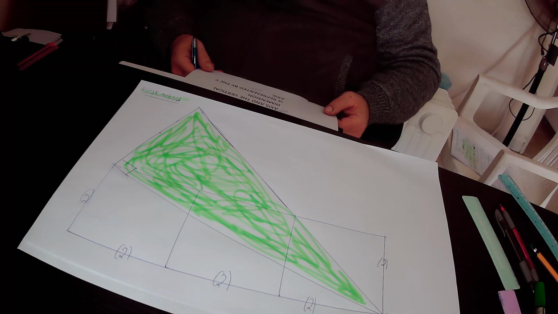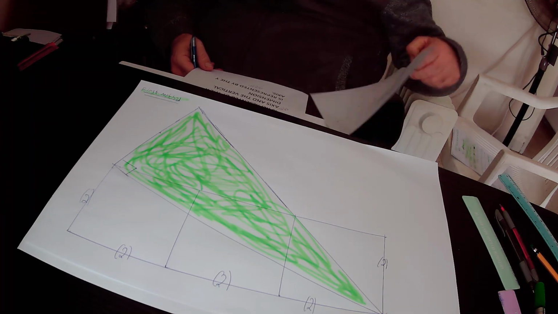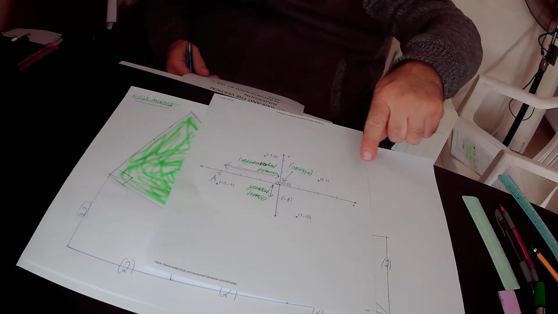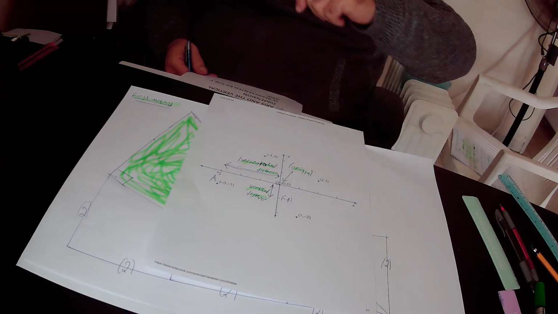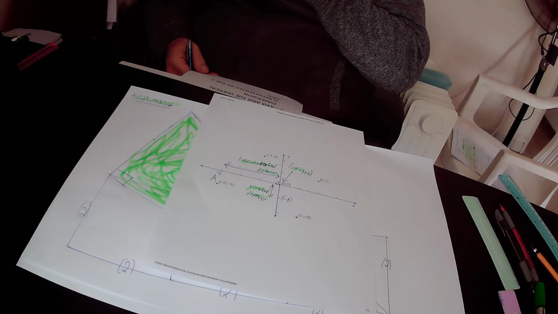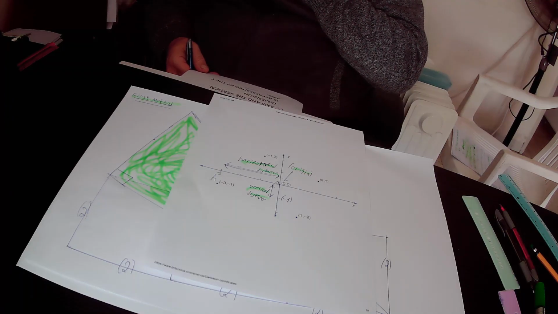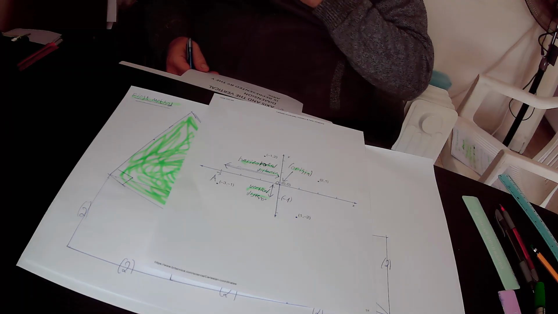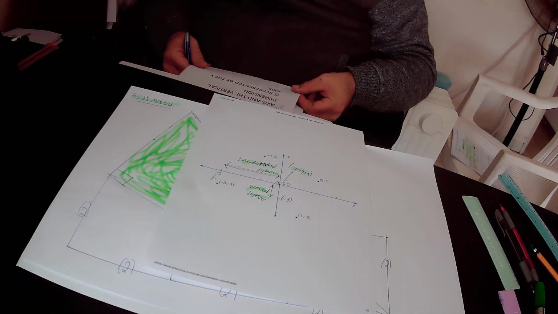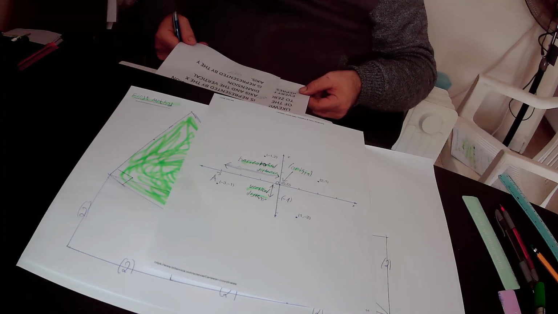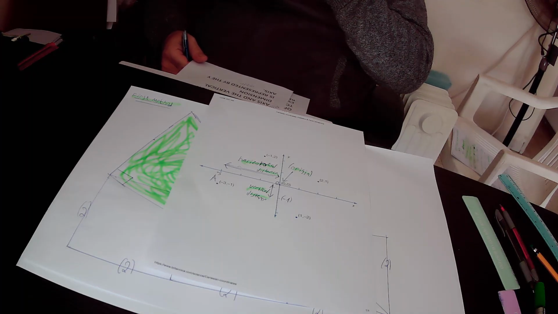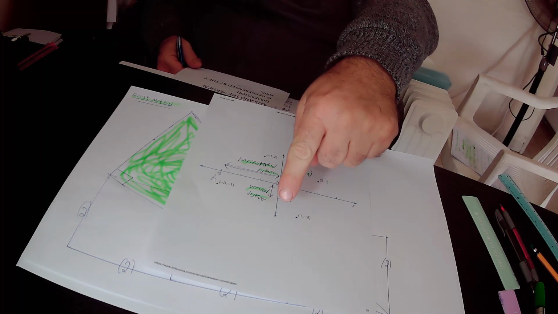In the Cartesian system, the horizontal dimension is represented by the x-axis. This is the x-axis, and the vertical dimension is represented by the y-axis.